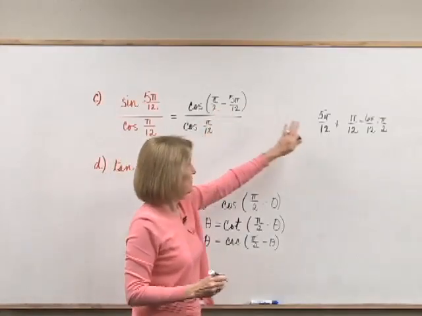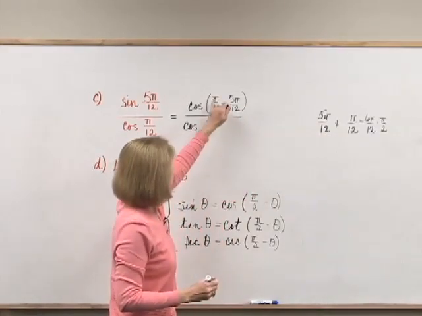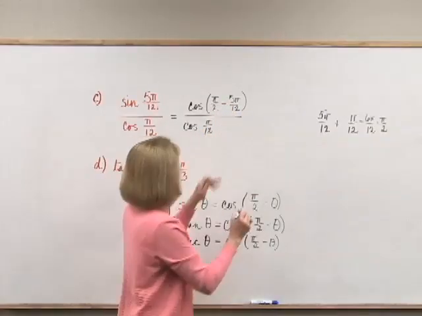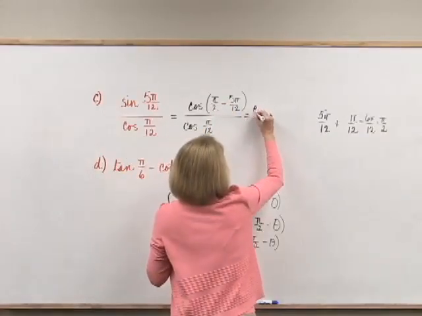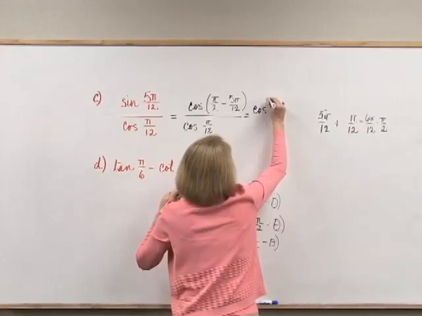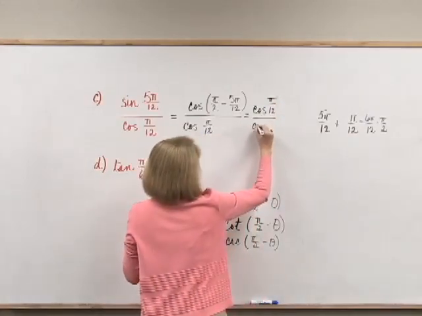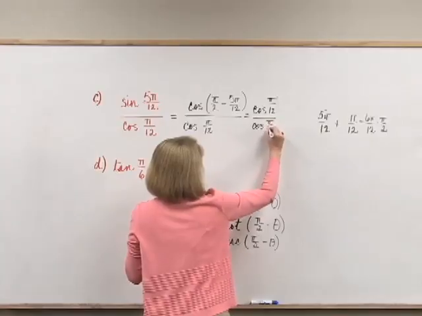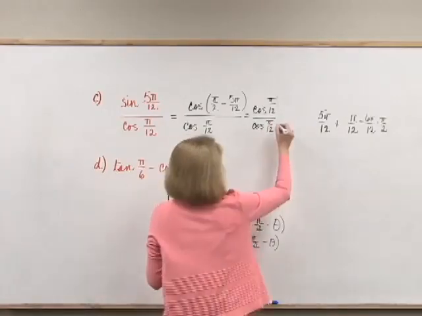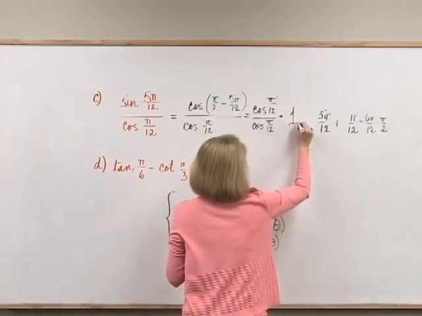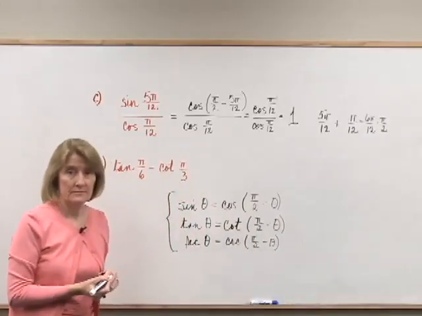Okay, and because of what we did over here, we see that pi over 2 minus 5 pi over 12 is pi over 12, so the numerator is the cosine of pi over 12. The denominator is the cosine of pi over 12. And so the exact value of this expression is 1.